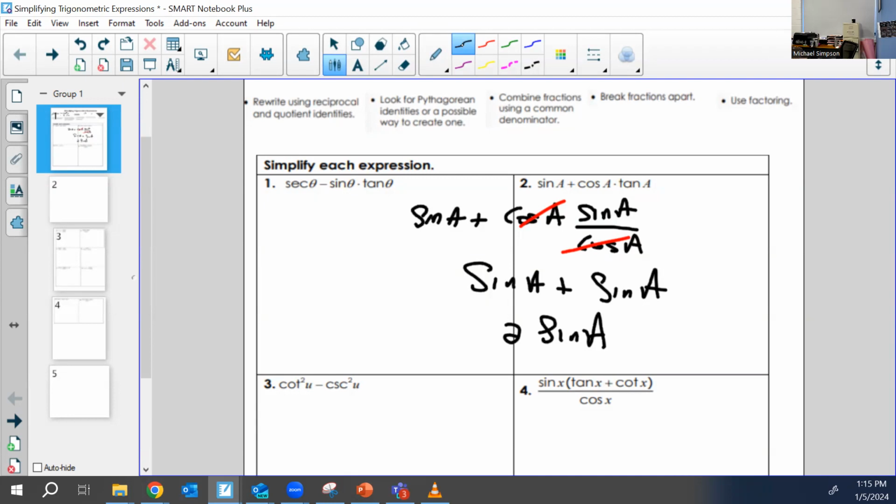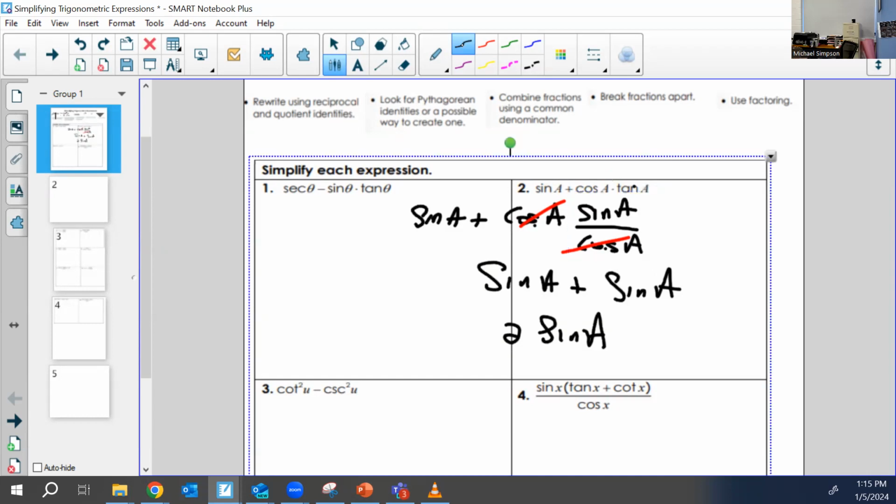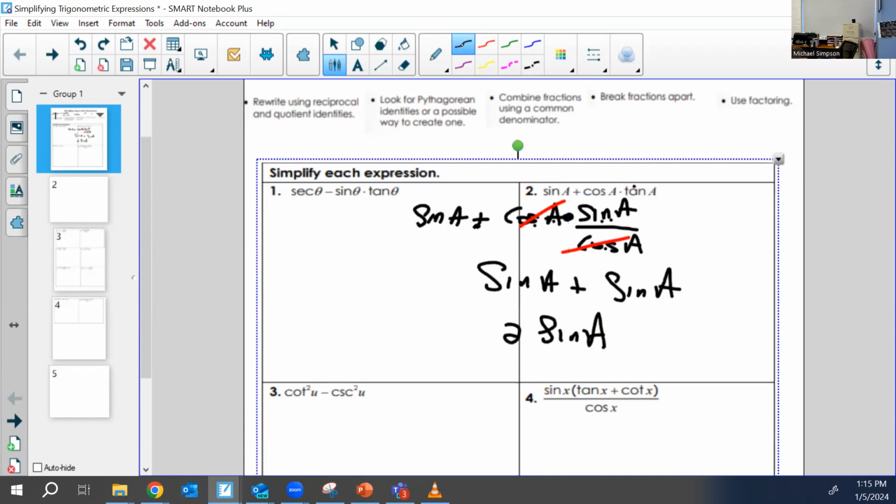Cosine A is cosine A, tangent A is sine A over cosine A. There's a multiplication right here, but the multiplication is between these two items, so they cancel out. Exactly.